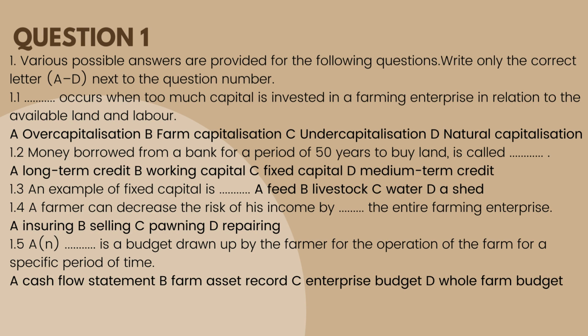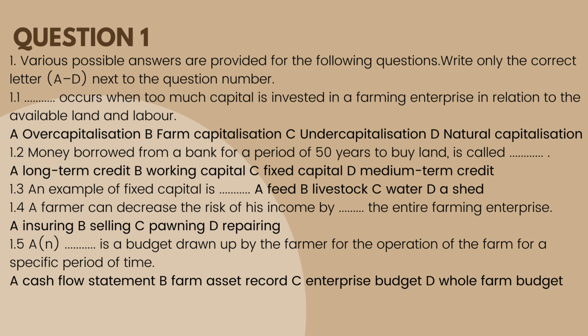Number two, money borrowed from a bank for a period of 50 years to buy land. Okay, we've talked about long-term capital, we've talked about short-term capital, medium-term capital, and working capital. So now we are saying this money is borrowed from a bank. We've done this. The answer there is obvious. Again, it's A, it's a long-term credit, right?